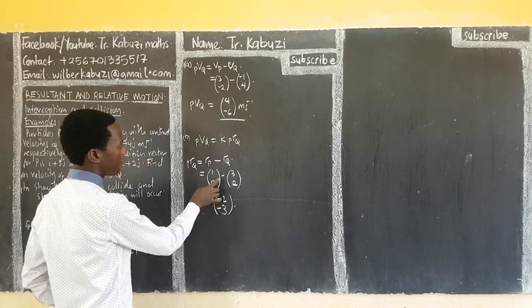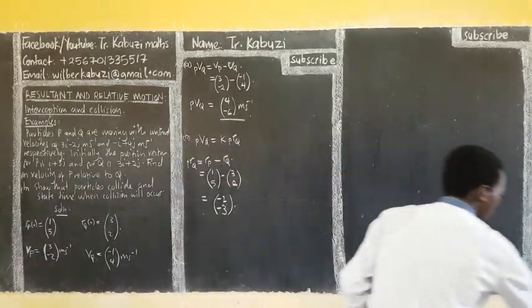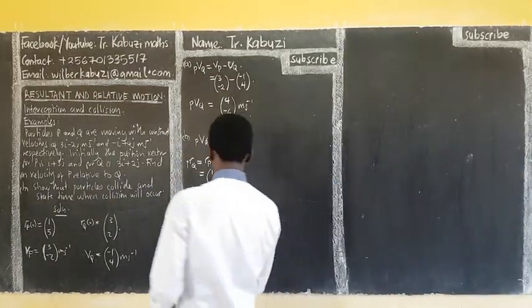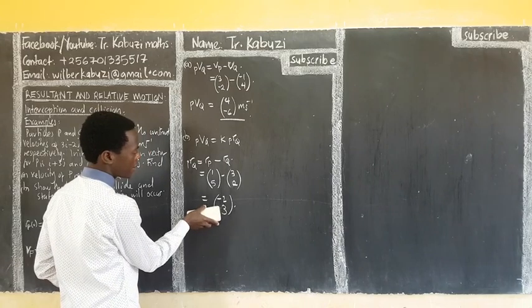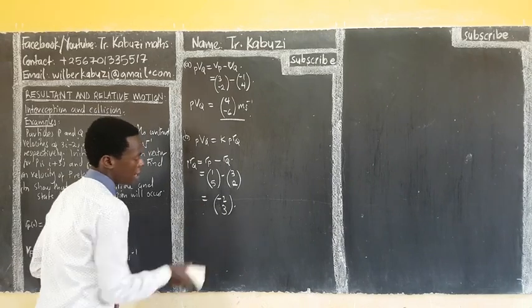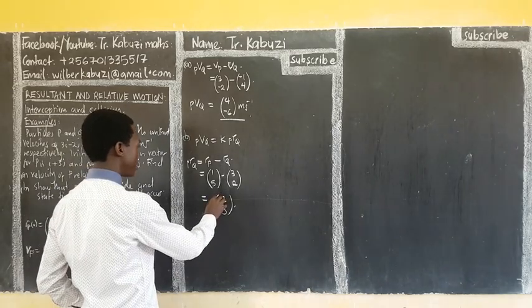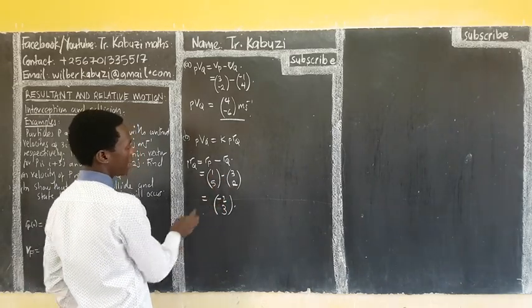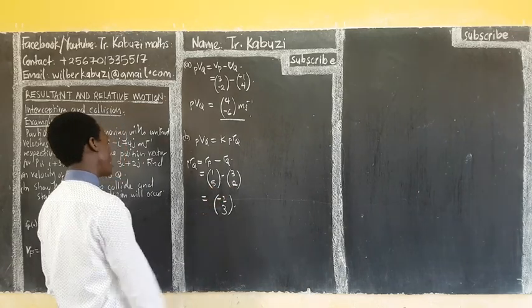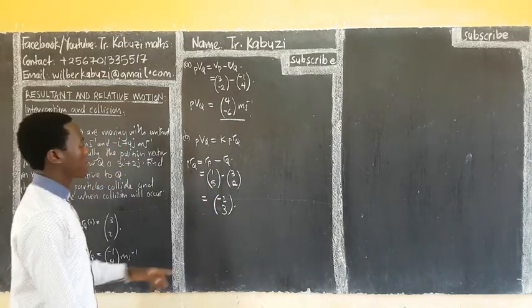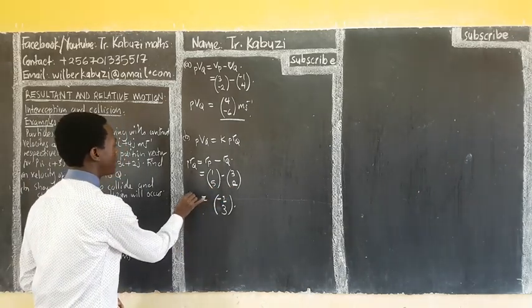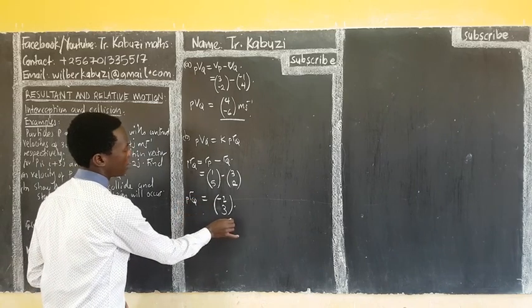When you simplify 5 minus 2, we are getting a positive 3. So after simplifying 1 minus 3, we get negative 2, then 5 minus 2 gives 3. So there, you can see that this is the displacement of P relative to that of Q.